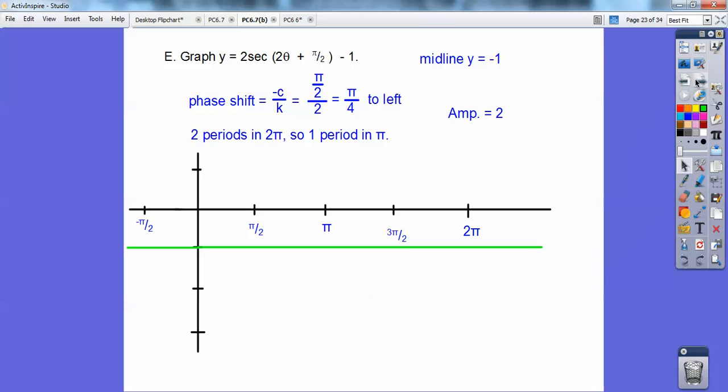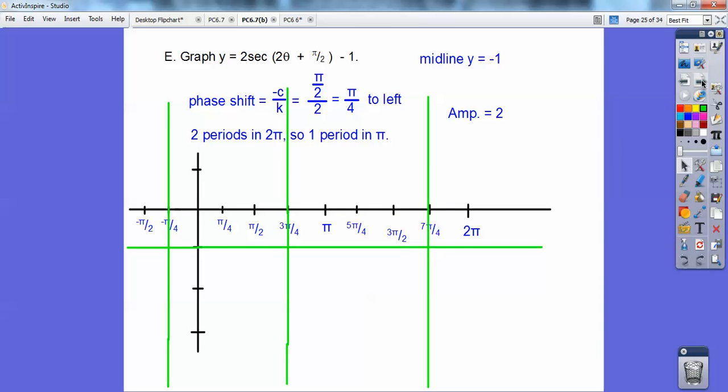All right, so let's go ahead and do that. There's my midline. Cosine starts and ends at 1, but here it's going to start and end at 2. So I'm going to go up 2 and down 2, starting and ending, and it's every pi, you guys. I'm going to start it and end it at pi, and then phase shift it over to the left, pi/4.